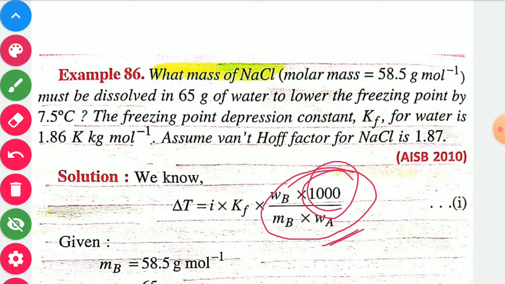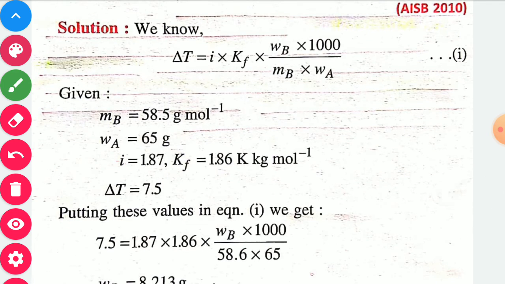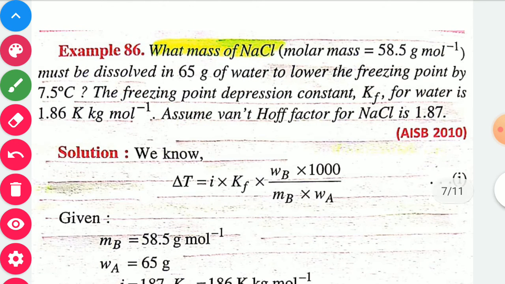So in the question the values are given: molar mass 58.5, mass of solvent 65 gram, i is given 1.87, molal depression constant Kf is given 1.86 Kelvin kg per mole, and delta T is 7.5 degrees Celsius.